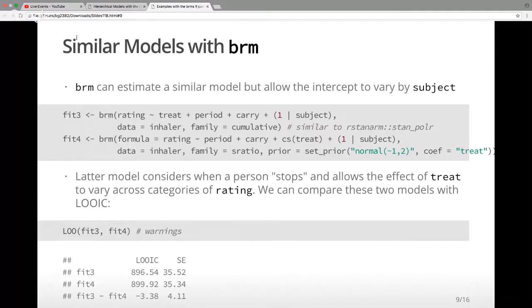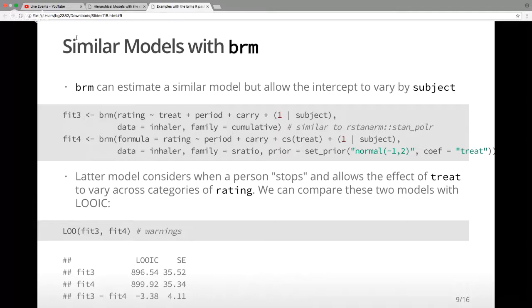BRMS has a similar function, or it can estimate a variety of models that are similar. One thing that you can do with BRMS that you cannot currently do with stan_polr is use LME4 style constructs like this to allow the intercept or the coefficients or whatever to vary from one group to the next.